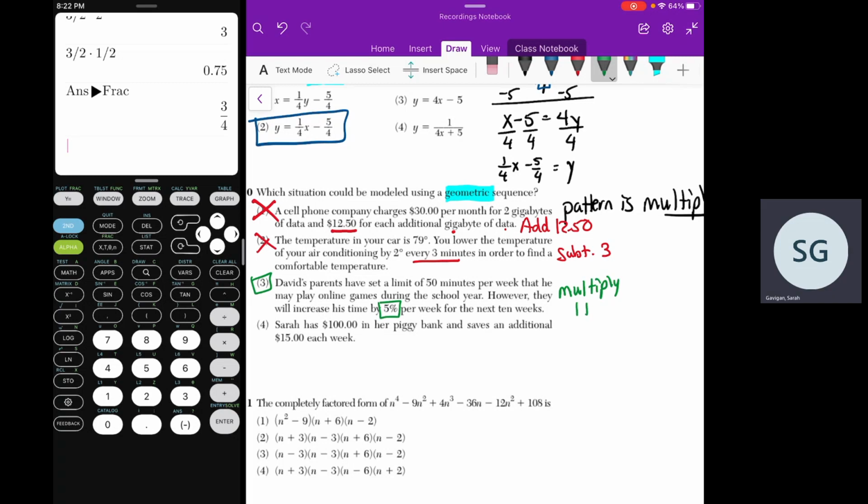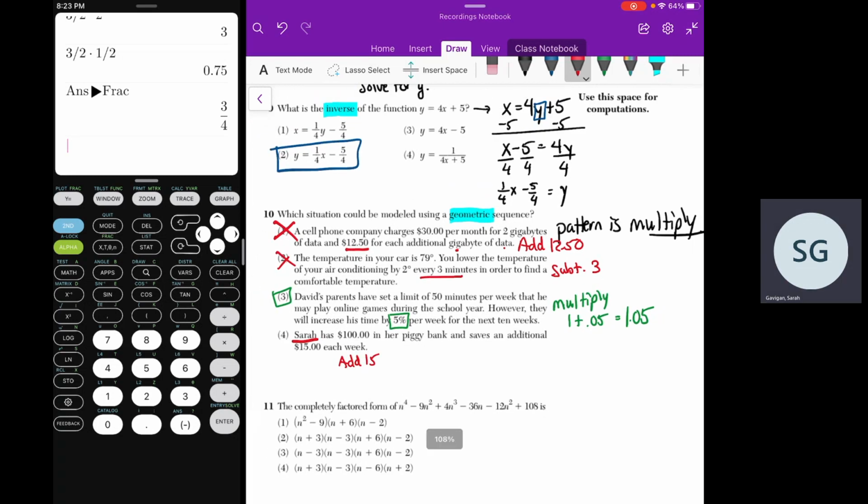Your multiplier is 1 plus 0.05. So your common ratio is 1.05. And just to make sure, let's look at the last one. Sarah has $100 in her piggy bank. She even spelled her name right. And saves an additional $15 each week or per week. So here she's adding on 15. So the answer to that one was choice 3.